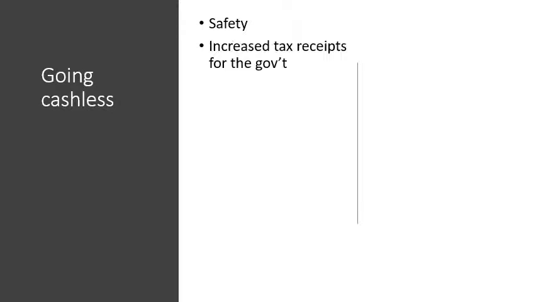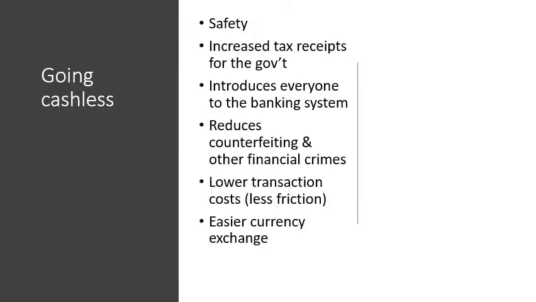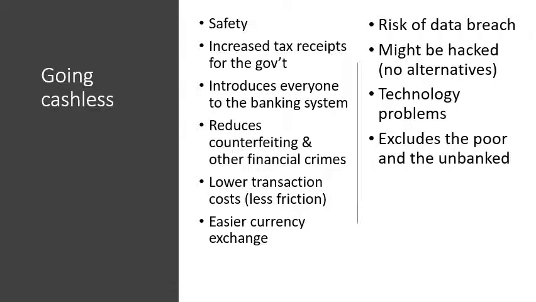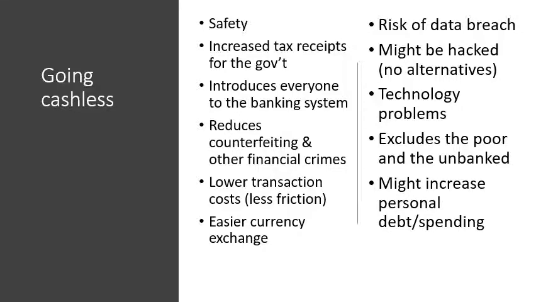The class seemed very interested in this idea of going cashless and why going cashless is a good thing in general. So one of the things that going cashless does is it's cheaper for the financial sector. And one of the reasons it's cheaper is because it reduces transaction costs.